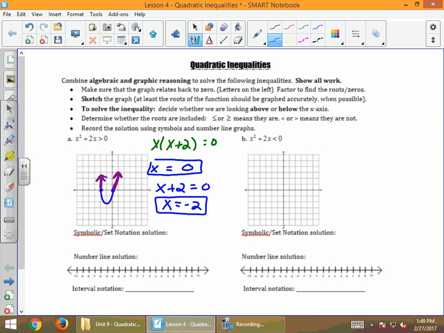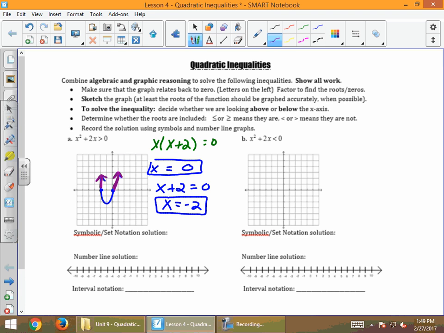Because essentially what this is asking us is what x values can we plug in to give us a number that's bigger than 0? Well, if a number's bigger than 0, what do we know about it? Is it positive or negative? Positive. So all our numbers bigger than 0 are going to be above the x-axis. All our y values are positive.